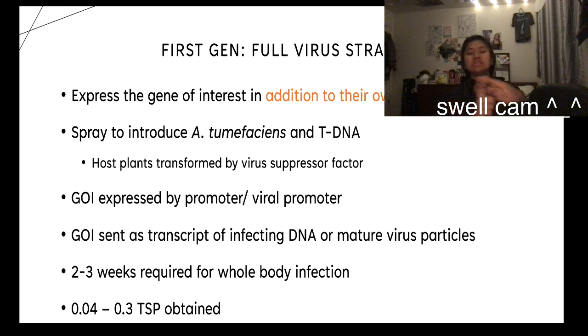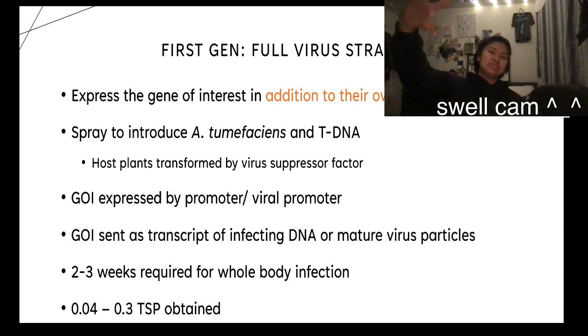And to introduce your tDNA, you would have to use agrobacterium and spray it on your plants. They would do high pressure spraying on top of the plants to try to incorporate it.